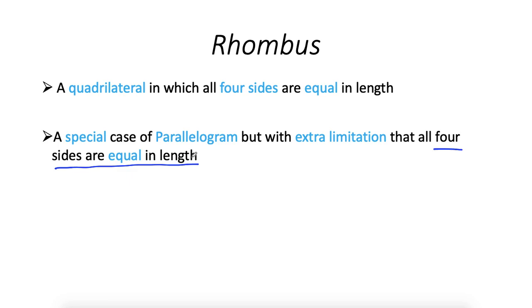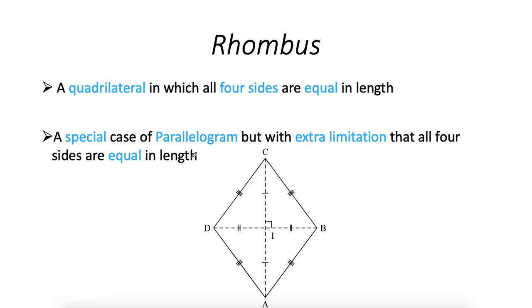In case of rectangle, all four angles are equal and rest properties are same as that of parallelogram. But in case of rhombus, all four sides are equal and rest all of the properties are same as that of parallelogram. And there are some extra properties.